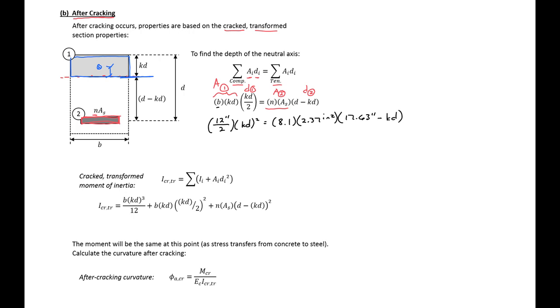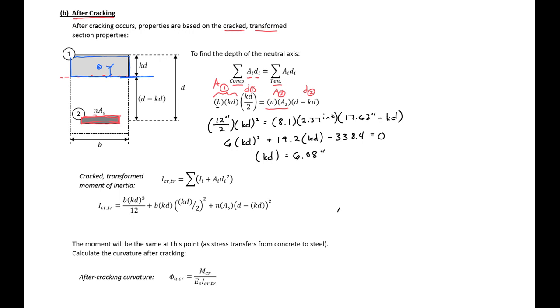We can simplify this and see it's a quadratic. So plus 19.2 times kd minus 338.4 is going to be equal to 0. And then we can solve for our kd and find our kd equal to 6.08 inches using our quadratic formula.